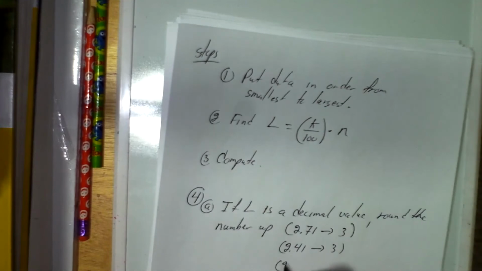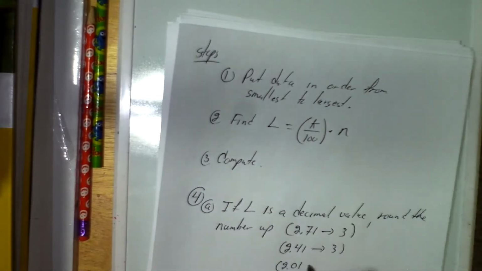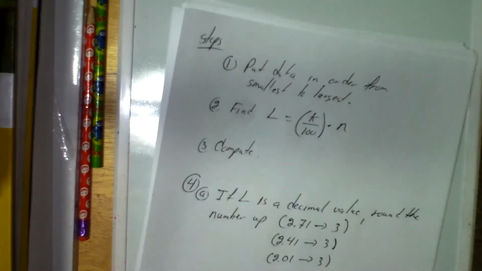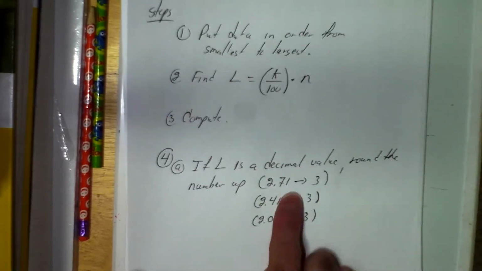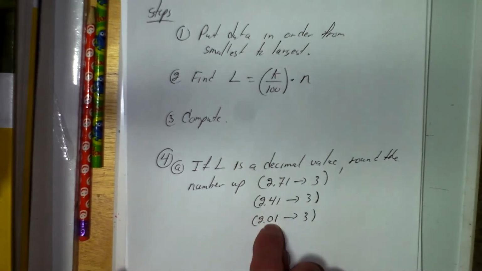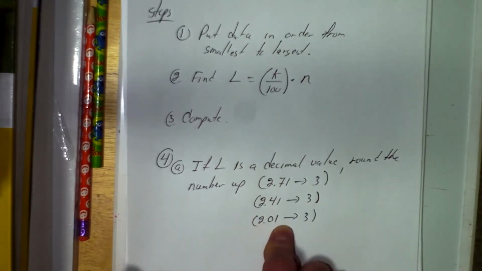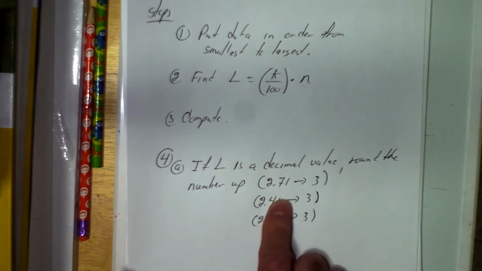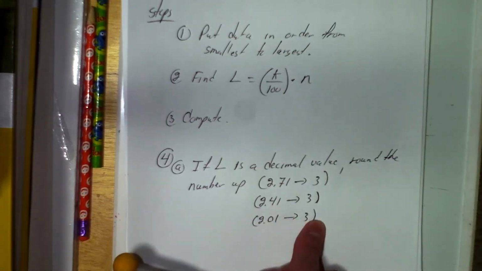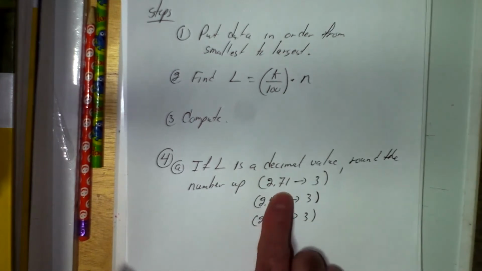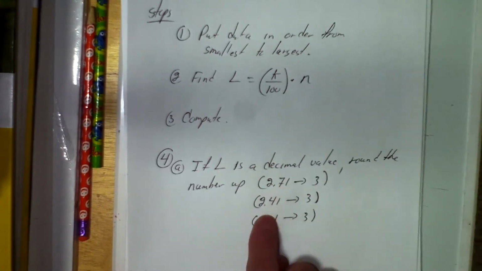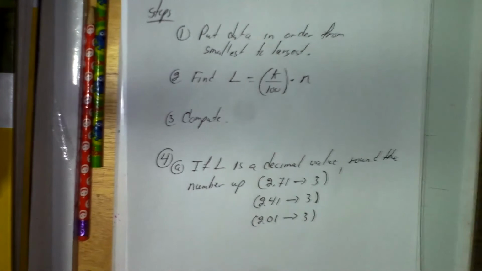Even if it's 2.01, you're still going to round it to 3. You got to round it up. The only time you don't round is if it's just plain straight 2, then you just leave it as 2. So regardless, if there's any decimals behind it, you got to round the number up.